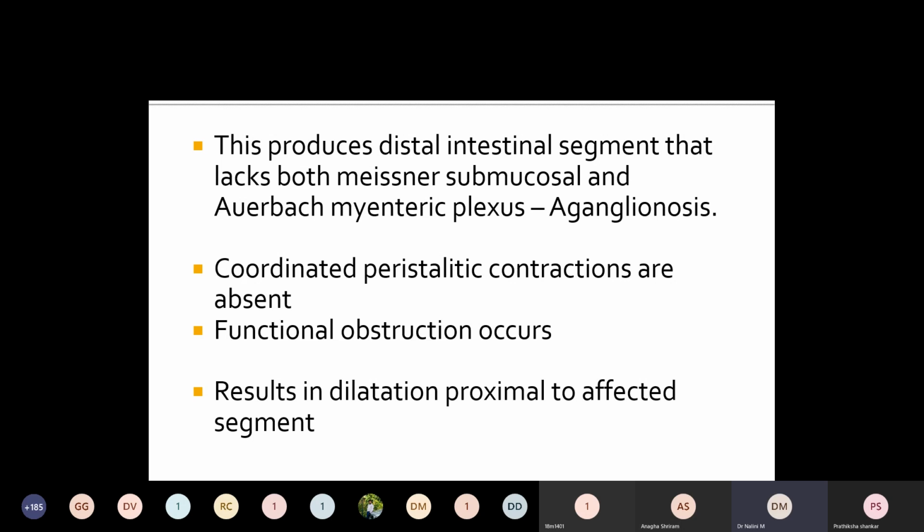So there is dilatation proximal to this affected segment. The affected segment is narrowed and the proximal segment is dilated. Clinically, the coordinated peristaltic contractions are absent, and hence even though there is no physical obstruction, a functional obstruction occurs.